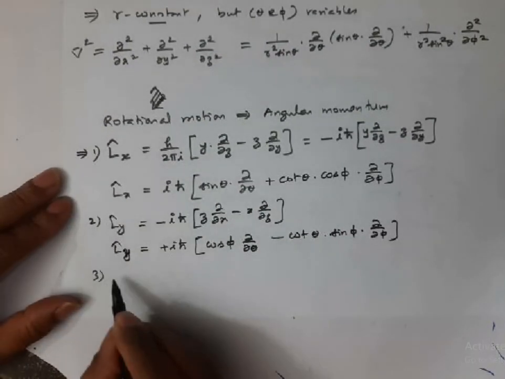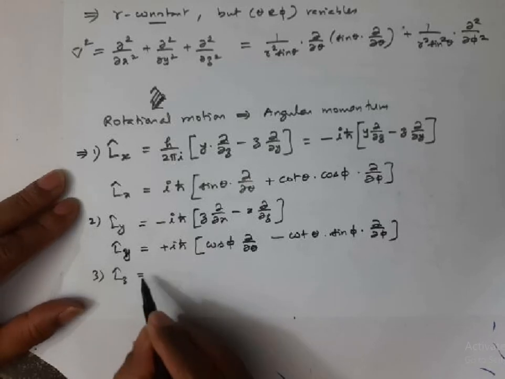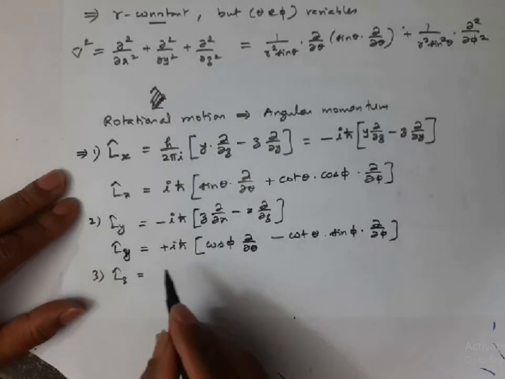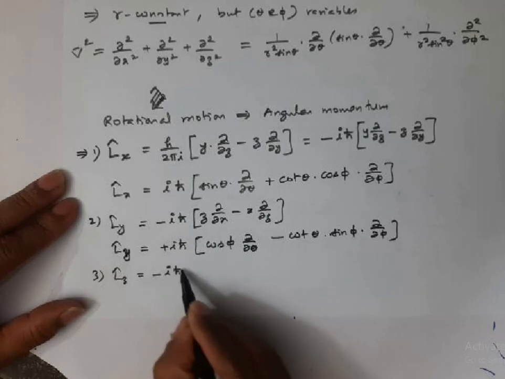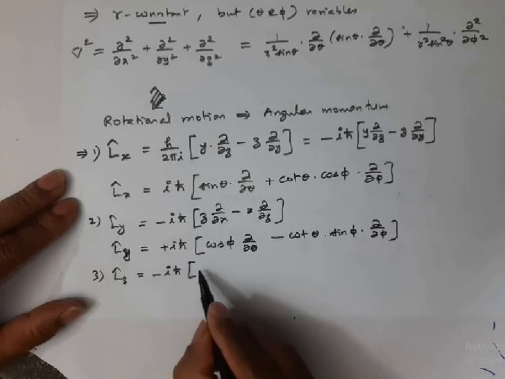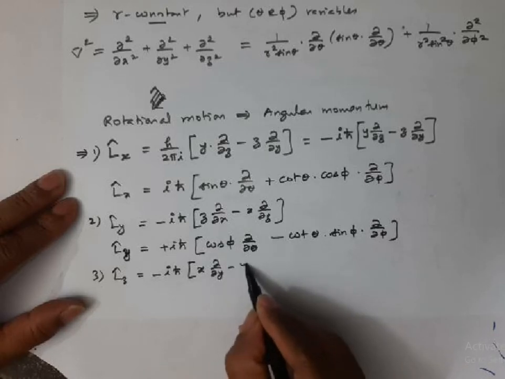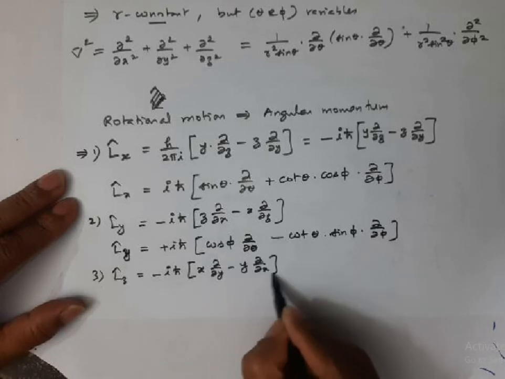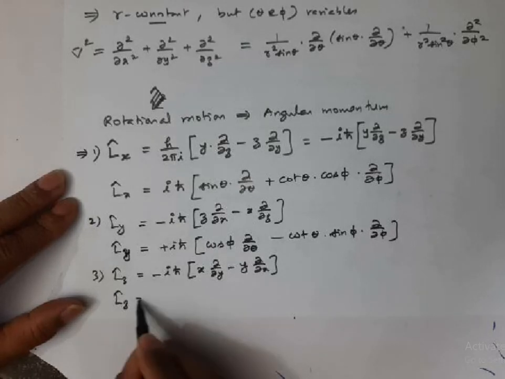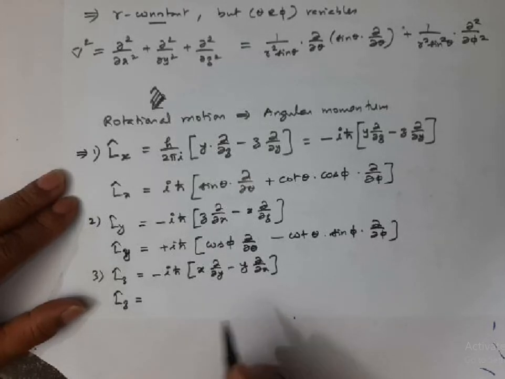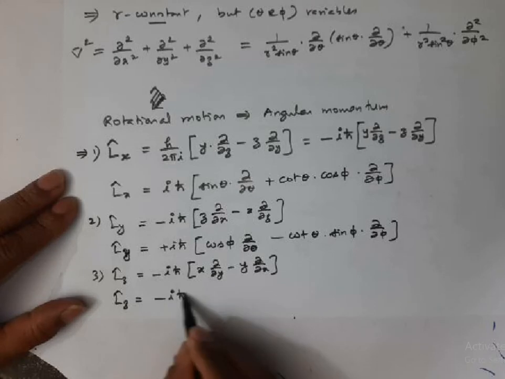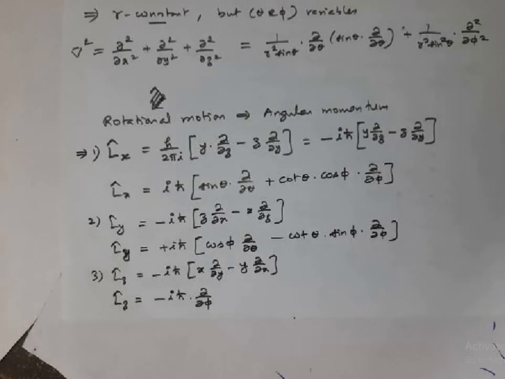Similarly, the z component of the angular momentum operator in Cartesian coordinates is minus i h bar (x ∂/∂y minus y ∂/∂x), and the corresponding operator in spherical polar coordinates is minus i h bar ∂/∂φ. Remember all these expressions, very very important.